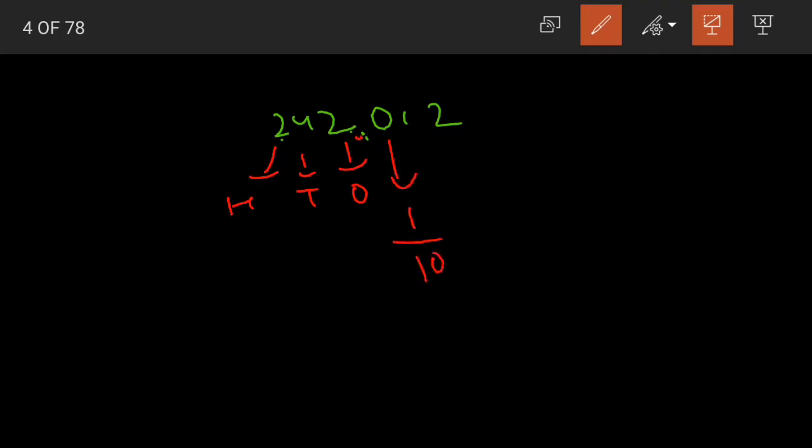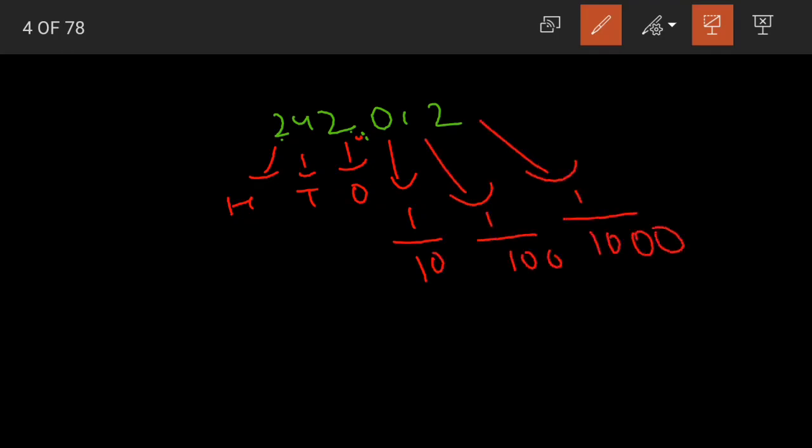Now when we come to the right side of the decimal point, the number here is 242.012. This is hundreds, tens and ones. Now to the right side of the decimal point, this will be 1 by 10, 1 by 100 and 1 by 1000. The place values will change.